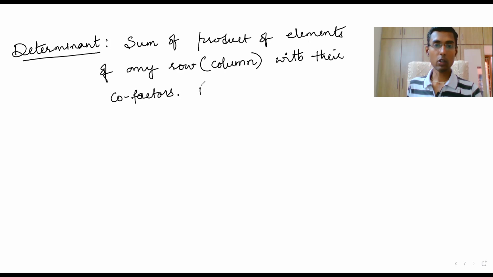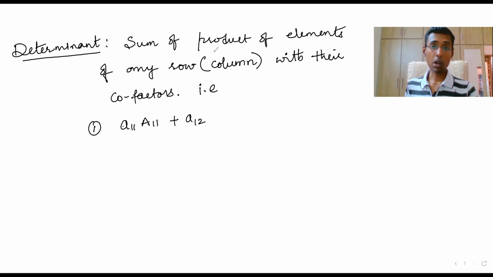I will tell you what that is. Take the first row elements, multiply them with their cofactors and then add. That is A11 into A11 plus A12 into A12 plus A13 into A13.